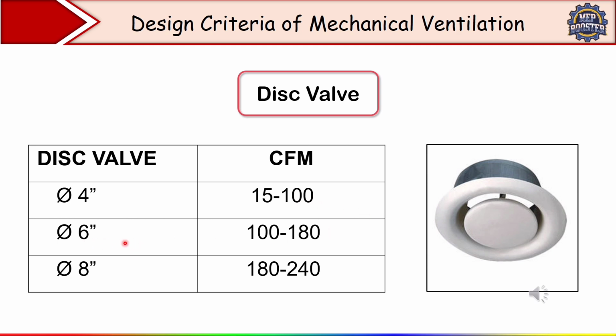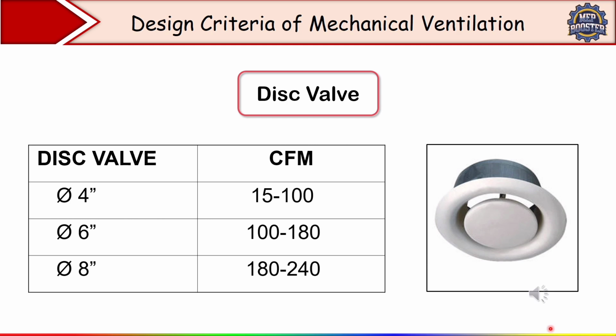If you are using a 6-inch dia disc valve, you can extract 100 to 180 CFM from this space, maximum 180. And if you are using an 8-inch disc valve, you can extract 180 to 240 CFM of air from the toilet.